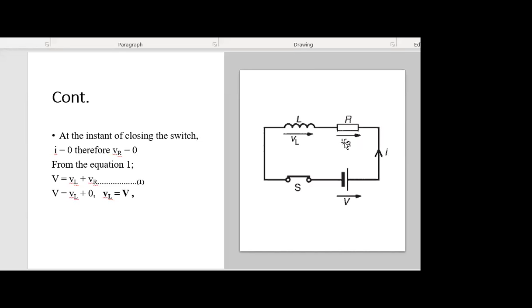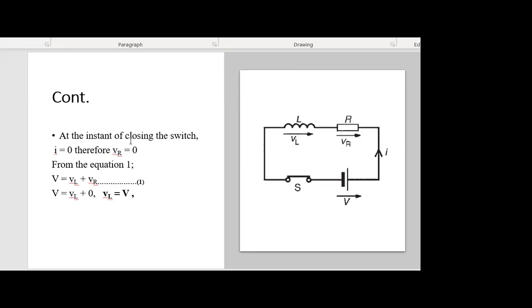I don't know whether that is clear, but I can repeat that. So when the circuit is closed, then I flows through the circuit. When the current reaches the inductor, it will induce an EMF in that inductor. Then that EMF will oppose the current, so that current will become 0.